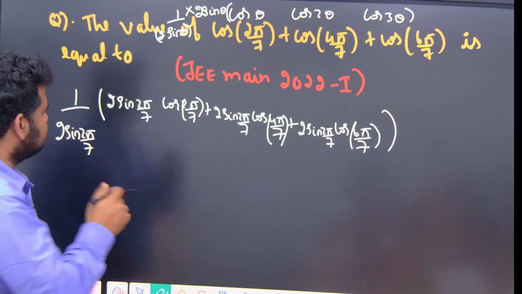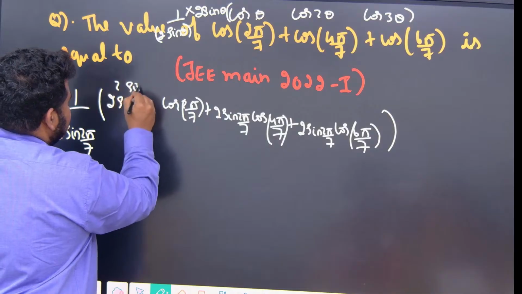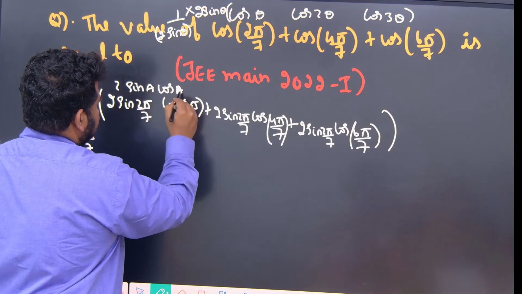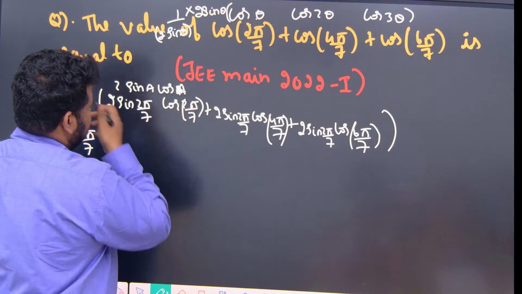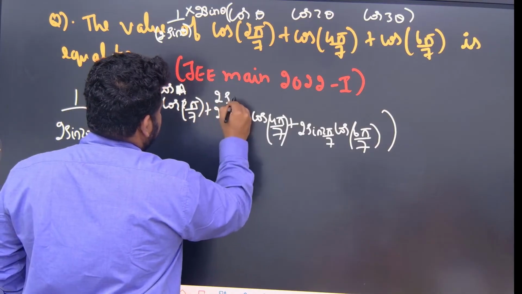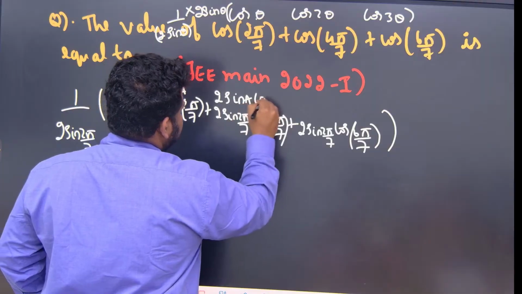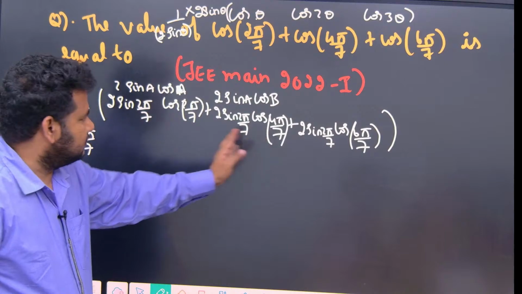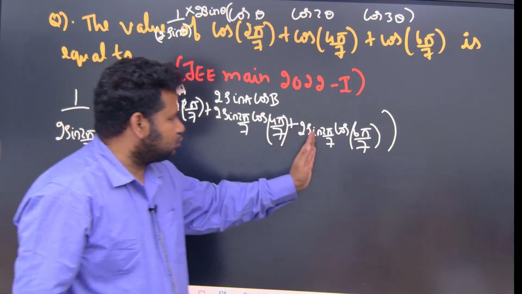Now observe this, this is of which form? The first one is 2 sin A cos A, which I can write as sin 2A. The others are 2 sin A cos B, where theta is different: this is 2 pi, this is 4 pi, this is 2 pi, this is 6 pi.